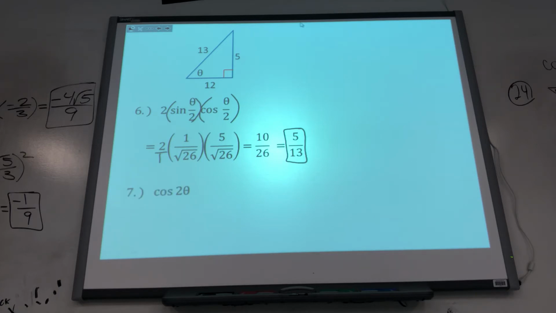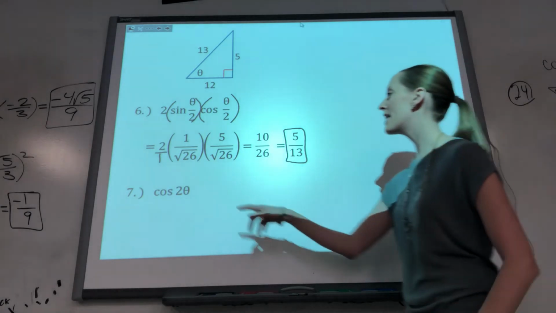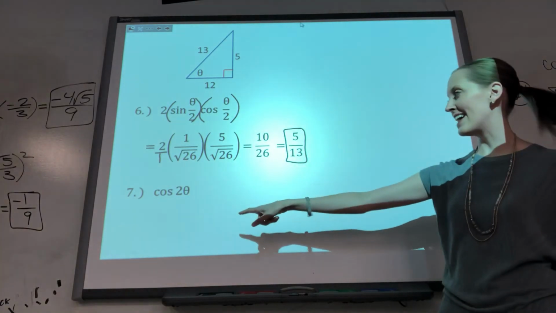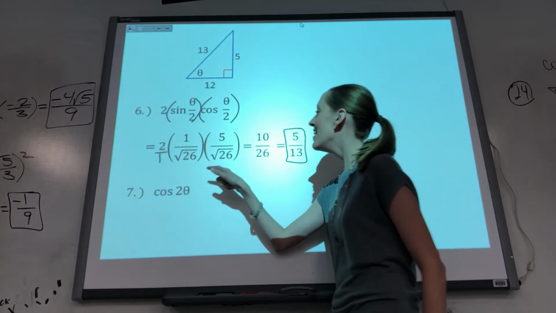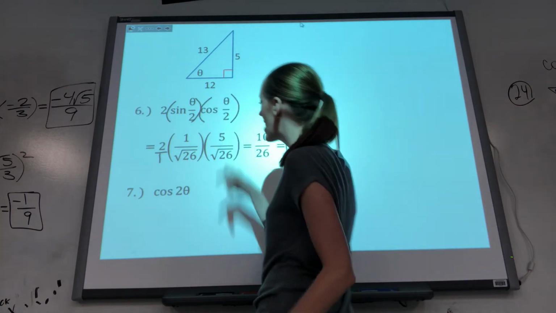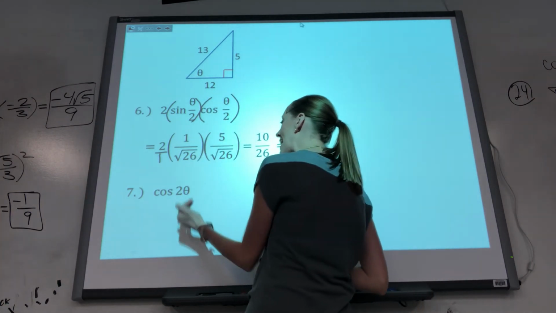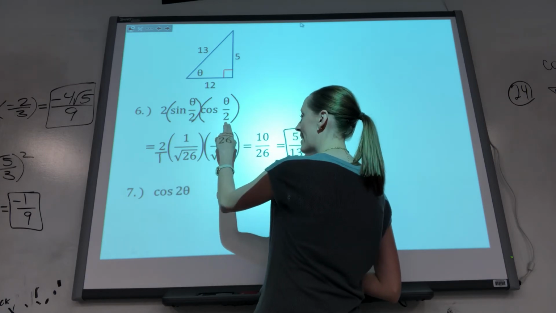Now, last one. Number 7, cosine of 2 theta. Cosine of 2 theta. Now, hang on a second. Cosine of 2 theta, that is a double angle, not a half angle. They're trying to trick us. If it was half, it would be divided by 2 like this.